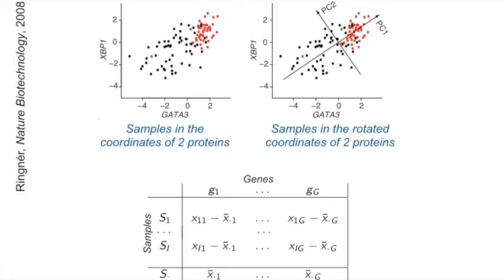So principal component analysis is a method for data visualization. It can also be thought of as data summarization, dimension reduction, things like that. But it's all unsupervised in that we really don't use the labels.